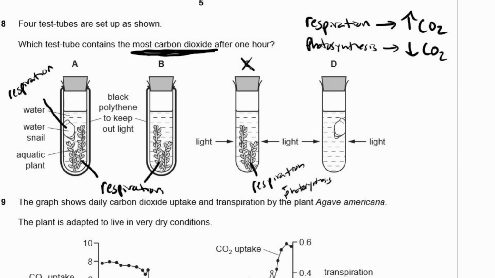So it's not C. Okay, so in B, it's just doing respiration. The level of CO2 would go up. D, level of CO2 would go up. But in A, both of these are doing respiration, so it would probably go up a lot more than in B or D. So the answer is A.